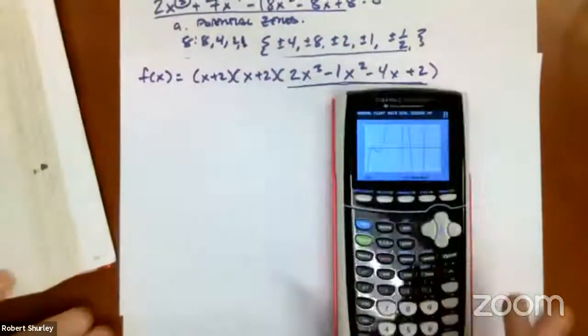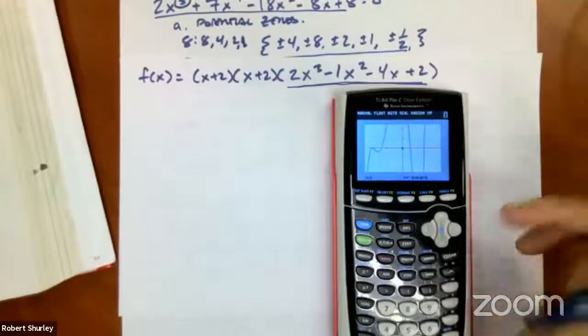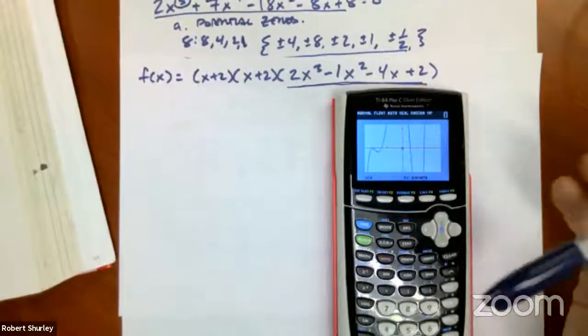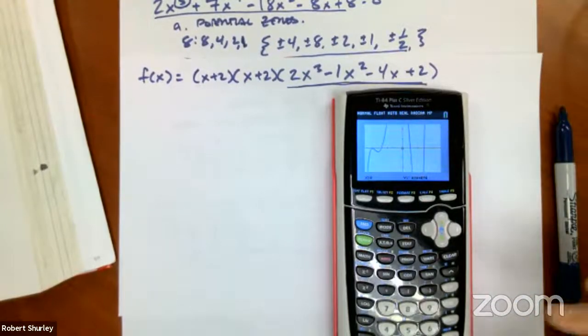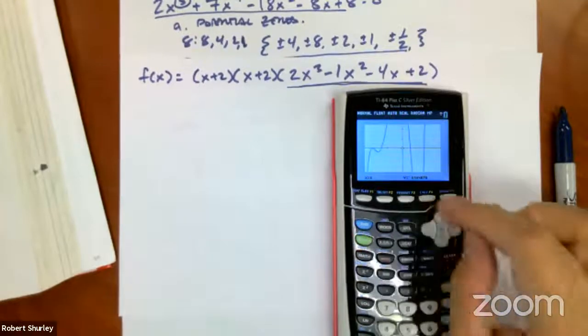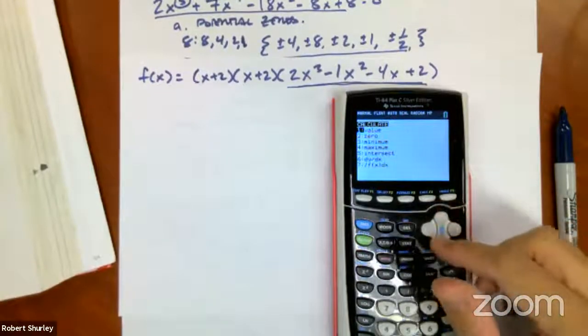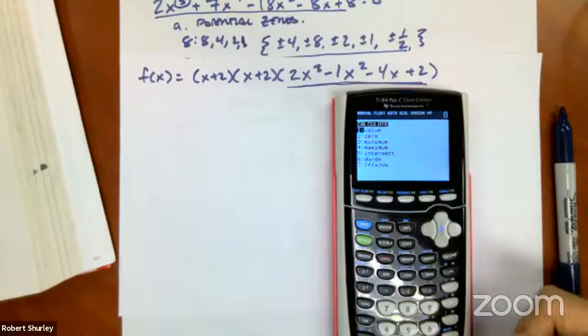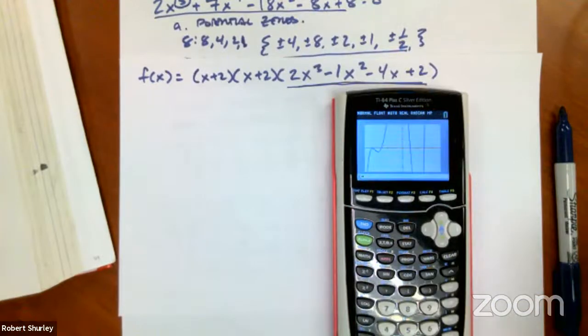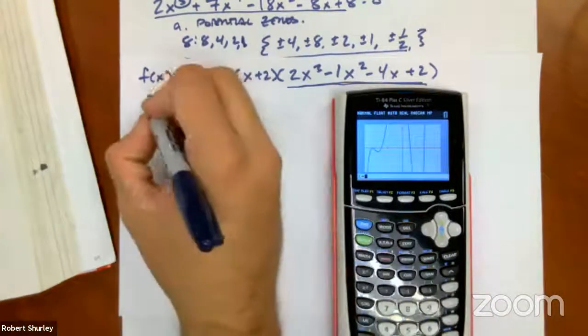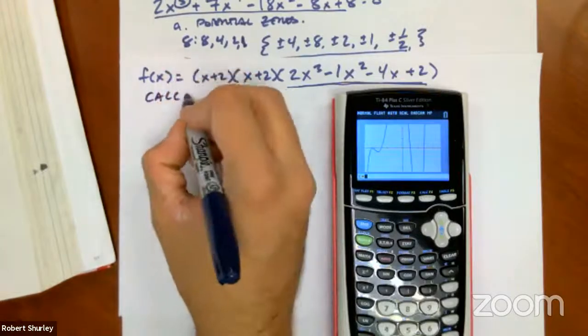And there's a quick way to check this in your calculator. So I'm going to show you a neat way to do this in your calculator. If you go, I can't remember how to do it. It's been a minute. Yeah, if you go to calc and you hit value, so calc and then value. This is a way to make this test a lot easier.